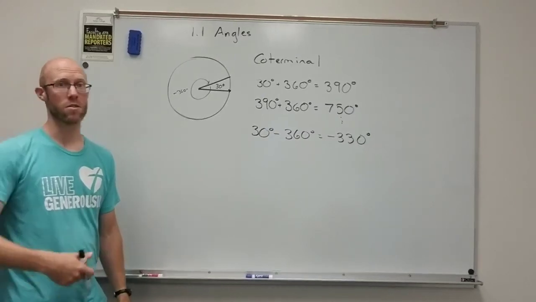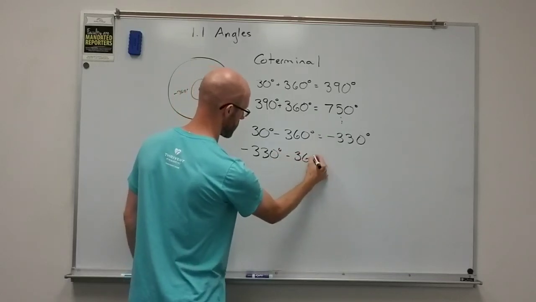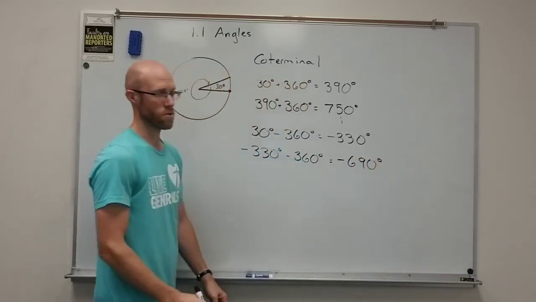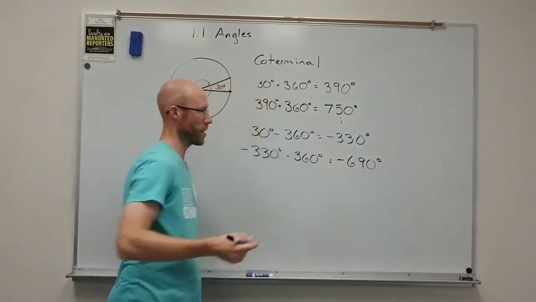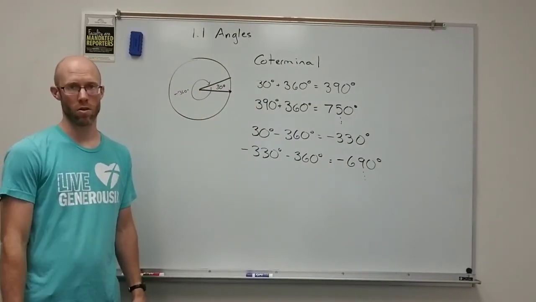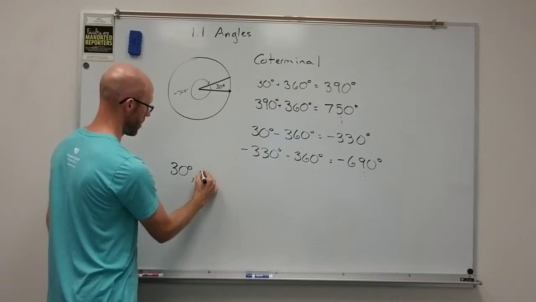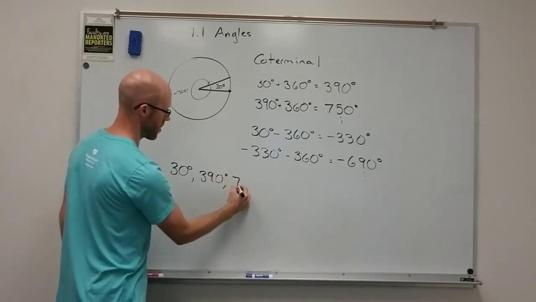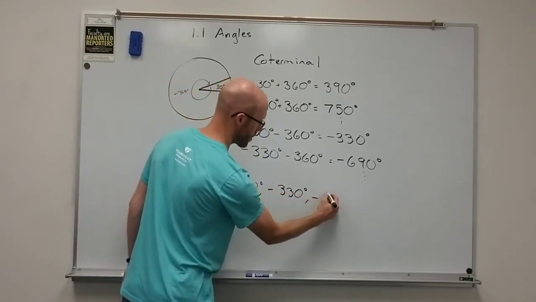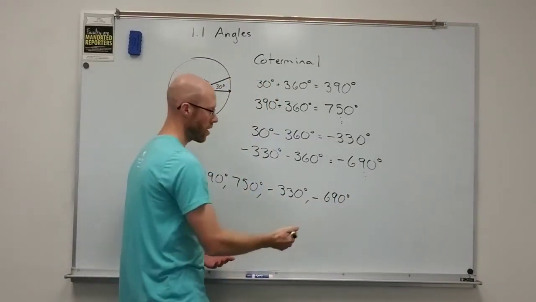And if you were to again subtract another 360, so negative 330 minus 360, you would end up with negative 690 degrees. And again, you can continue that process, subtracting 360 over and over again. So in the end, we would say that 30 degrees, 390, 750, negative 330, and negative 690, and many others, an infinite number of other ones, are coterminal.